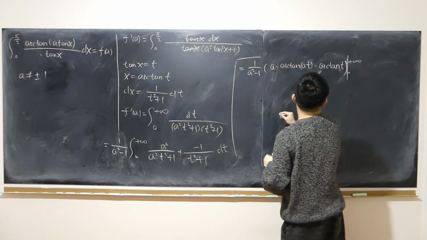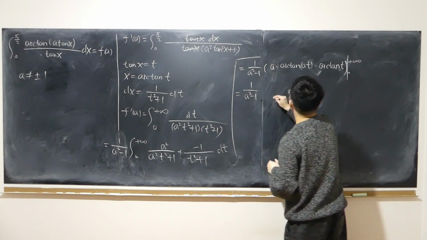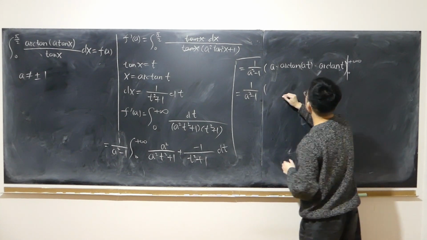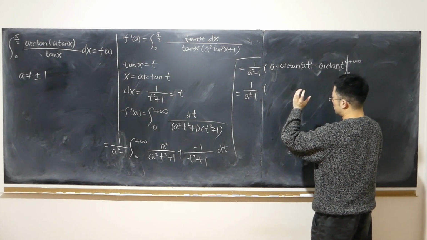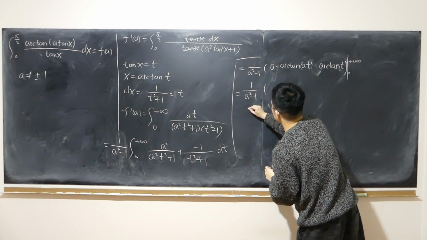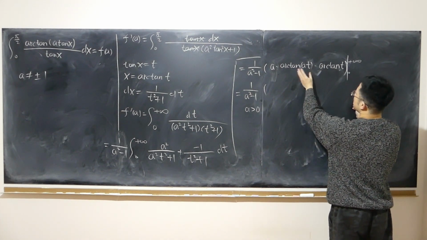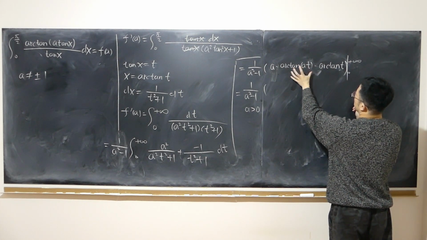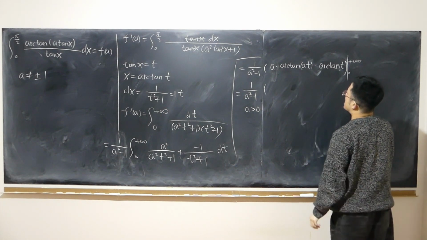Okay, so that is 1 over a squared minus 1 times. Of course, different case scenarios. When a is positive, then if t is positive infinity, then at is still positive infinity. So this becomes half pi.